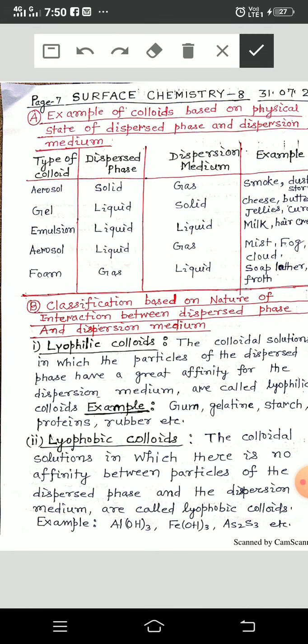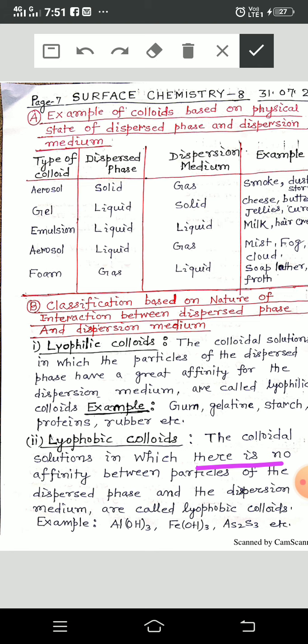The colloidal solutions in which the particles of the dispersed phase have a great affinity for the dispersion medium are called lyophilic colloids. Gum, gelatin, means such type of colloid can be made easily. Lyophobic colloids are colloidal solutions in which there is no affinity between particles of the dispersed phase and dispersion medium.